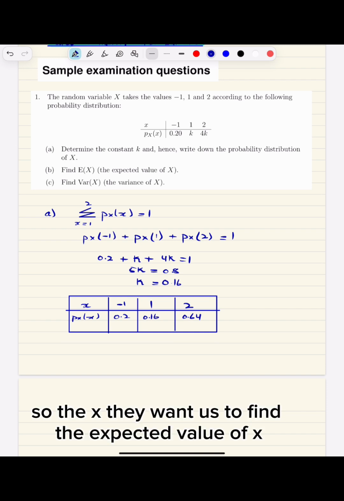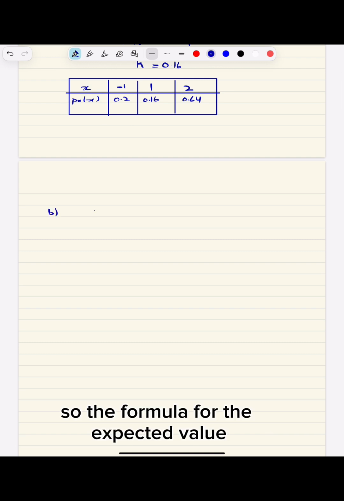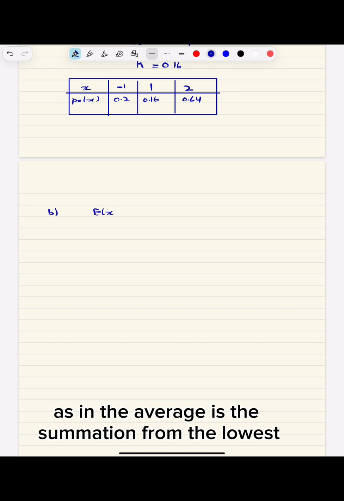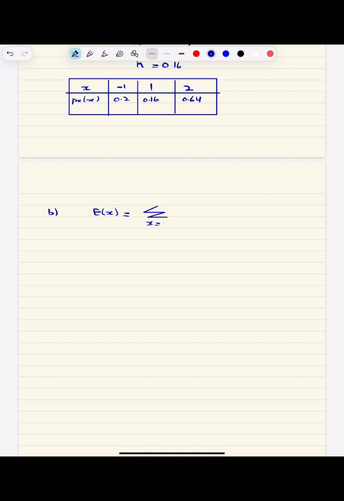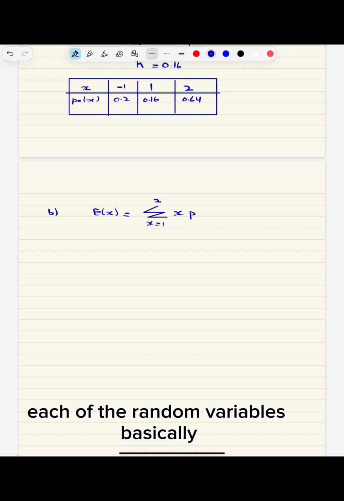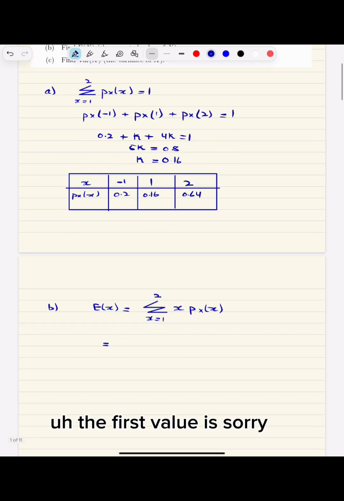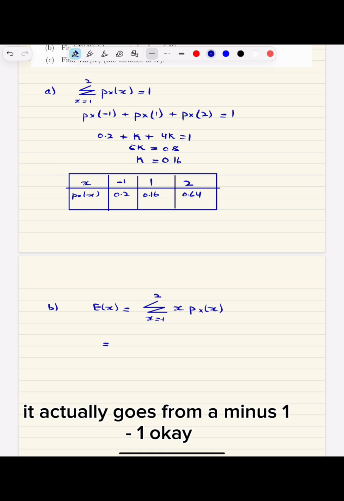They want us to find the expected value of x and the variance of x. The formula for the expected value, as in the average, is the summation from the lowest till the highest of each of the values of the random variable x multiplied by its probability.